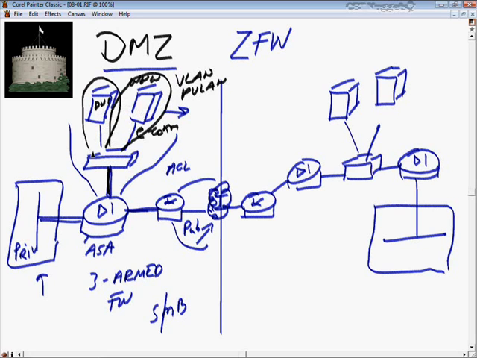So you could literally say, I'm going to have World Wide Web servers here, e-commerce servers here, and SMTP servers here, but they can't communicate with each other, or they can only communicate with certain rules. That way, if one of these servers is compromised in this security zone, it's not going to spread to all the other servers.